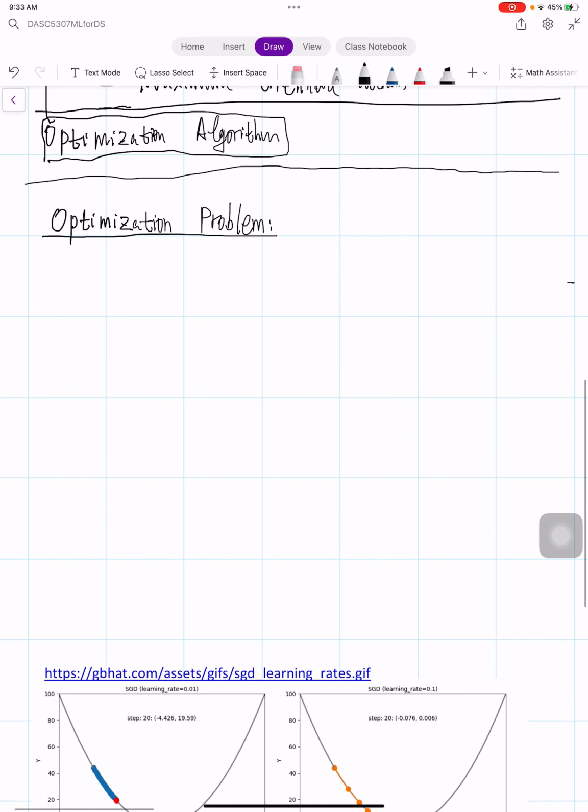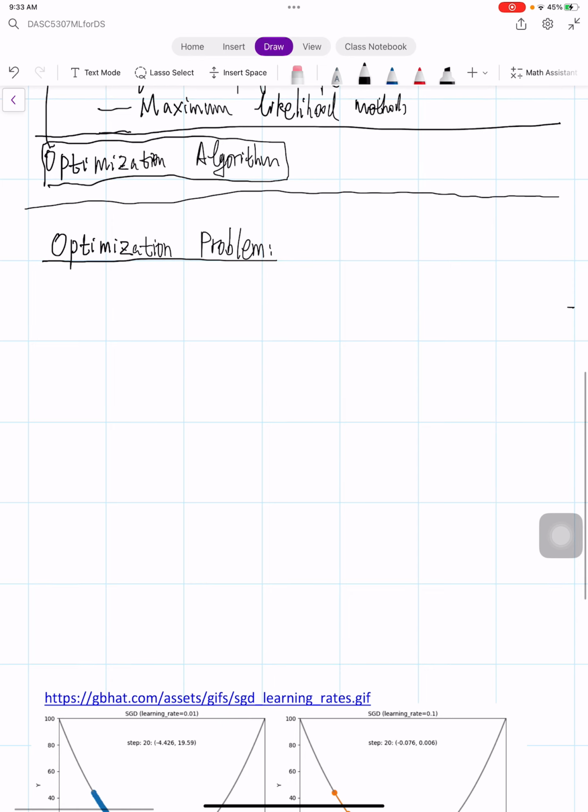Okay, the first type of optimization problem is called unconstrained optimization.